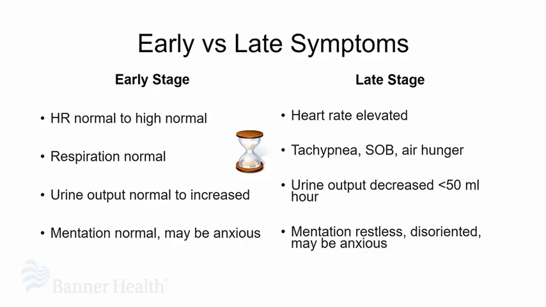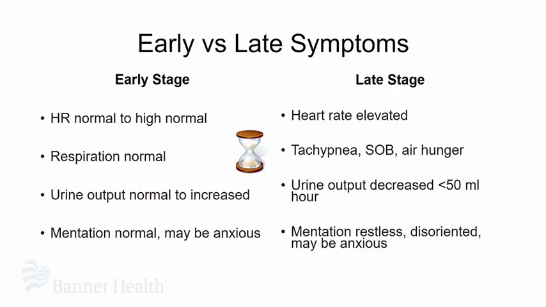Early symptoms that you can identify would include an elevated heart rate, respirations that remain slightly normal, urine output that's relatively normal, some mentation changes, perhaps some anxiety. Other early stage symptoms would include an elevated blood pressure, skin that could be normal or pale, slightly cool to the touch, or slightly flushed. The temp begins to elevate in the early stages.